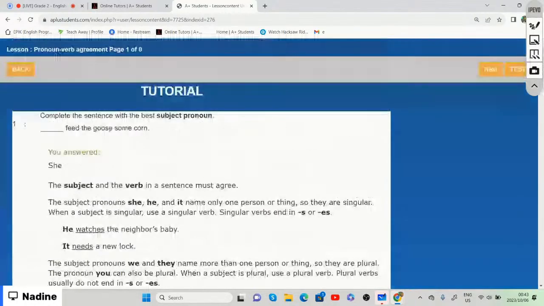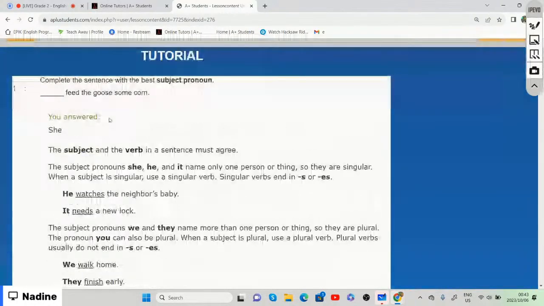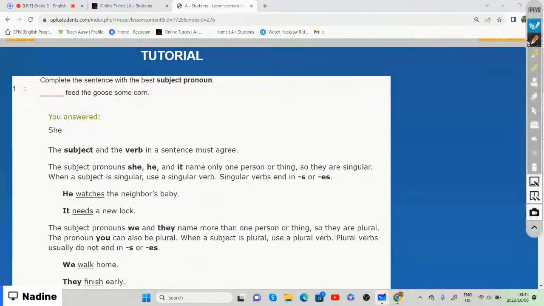All right, so which means that we are going to choose we feed the goose some corn. So we. So we feed the goose some corn.